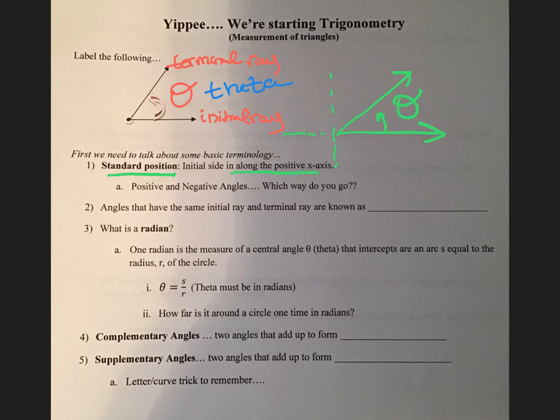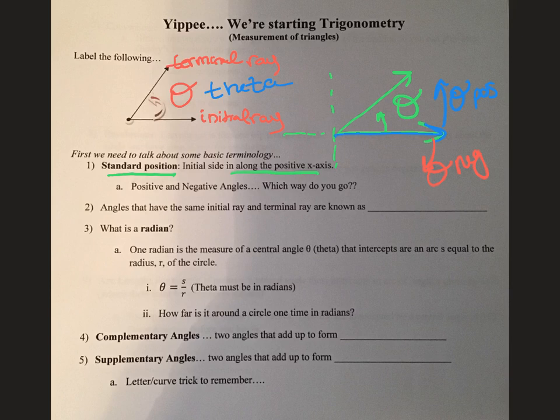We can have positive angles and we have negative angles. And for me, the easiest way to remember this is when you go up, it's positive. When you go down, it's negative. So if I'm in my standard position right here and I rotate up this way, then my theta would be positive. But if I go down this way, then my theta would be negative.